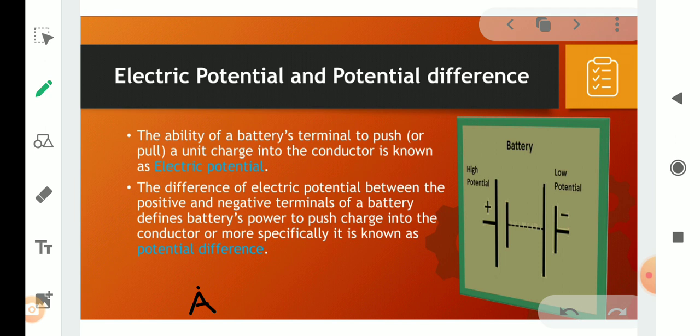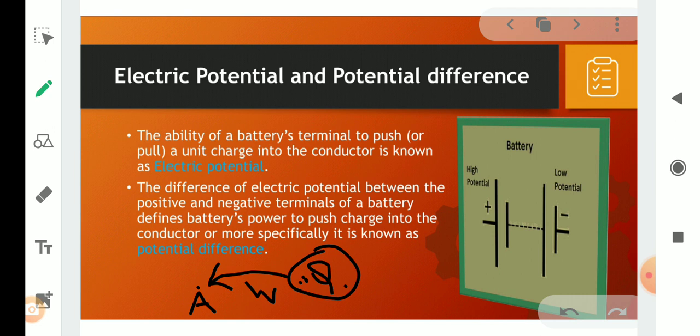Consider point A, where there is a charge Q. The work done in bringing this unit positive charge from infinity to a given point is called electric potential. Once again I will repeat: work done in bringing a unit positive charge from infinity to a given point is called electric potential.